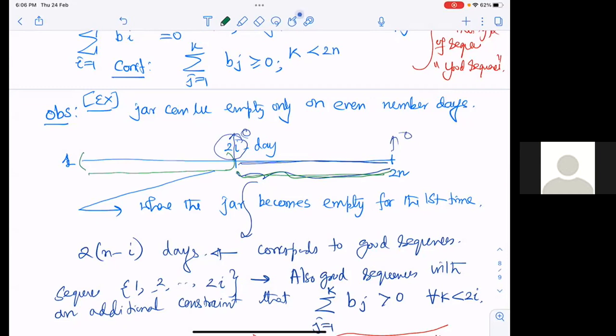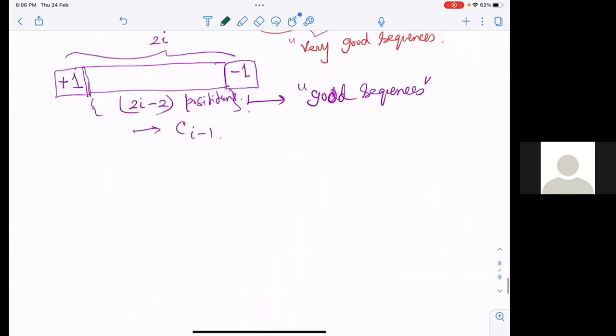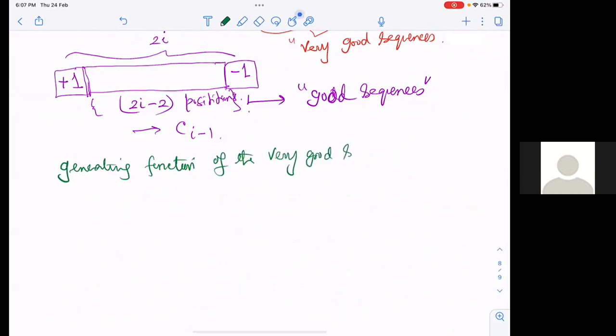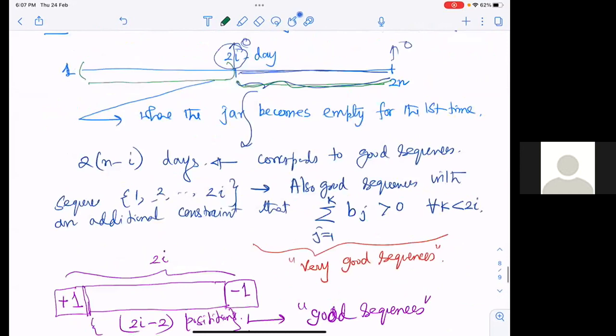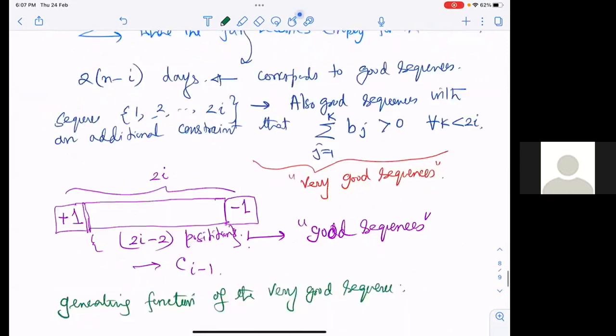You agree with me? So the generating function for the very good sequence, let's try to understand. In the argument for very good sequence, the first bit and the last bit are frozen to +1 and -1, and inside things are good sequences.